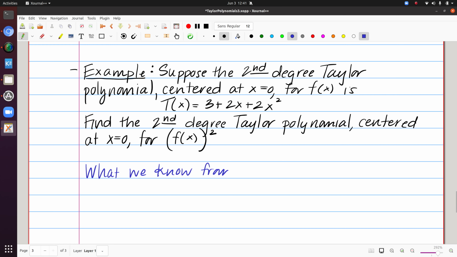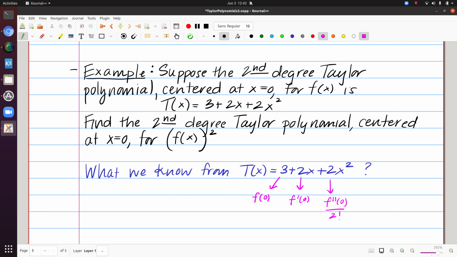What we know from the fact that this polynomial is the Taylor polynomial centered at 0 for the function f of x is that this term here has to be f of 0 by definition. And by term, I mean that 3. That 2 coefficient has to be f prime of 0 by definition. And this coefficient of x squared has to be the second derivative at 0 divided by 2 factorial.